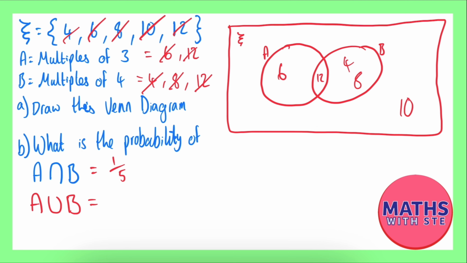So that one would have been 4 over 5. You could have got something like A dash. If it has a dash next to it there, that just means not in A. So 6 and 12 are in A, so what's left over is just the 4, 8 and 10, and there's 3 of those. So that would have been 3 over 5.